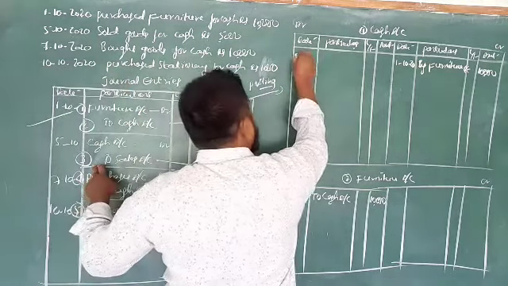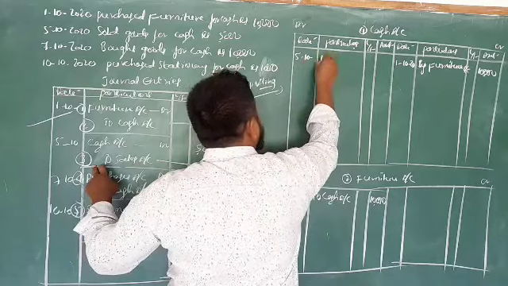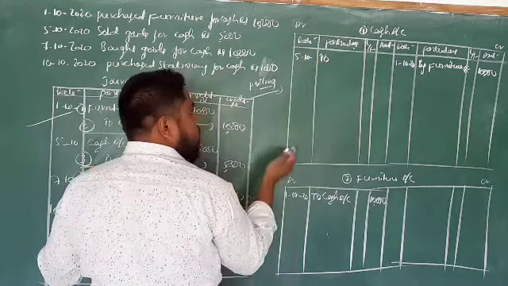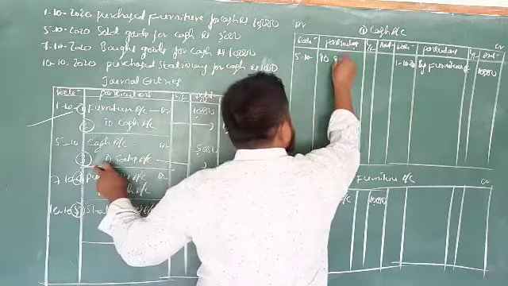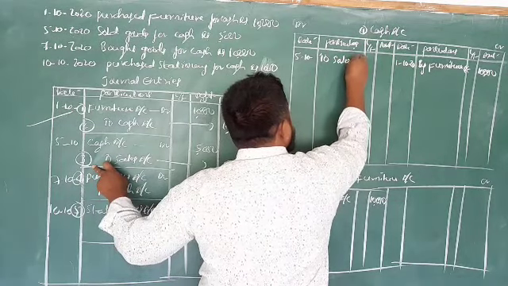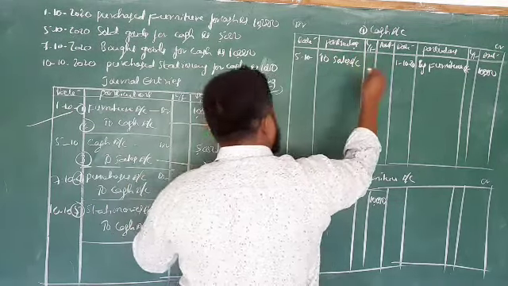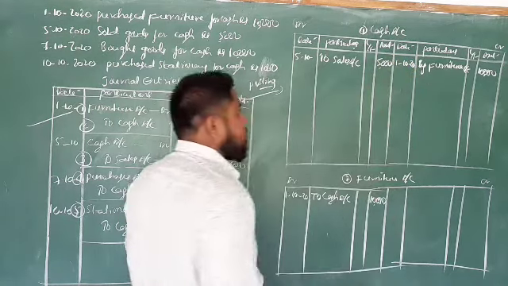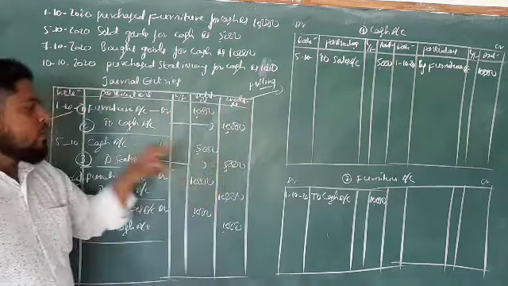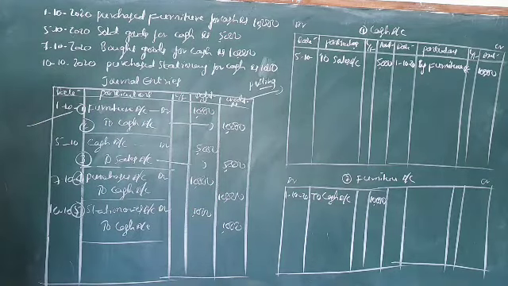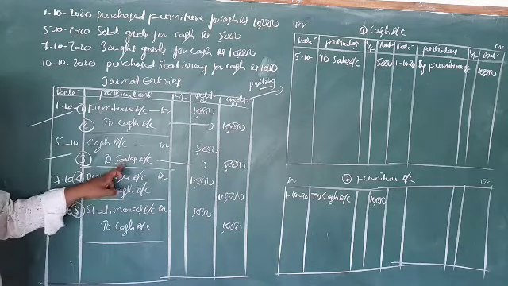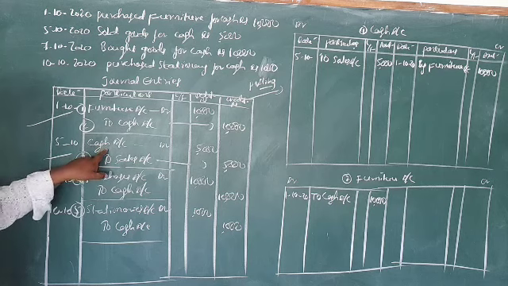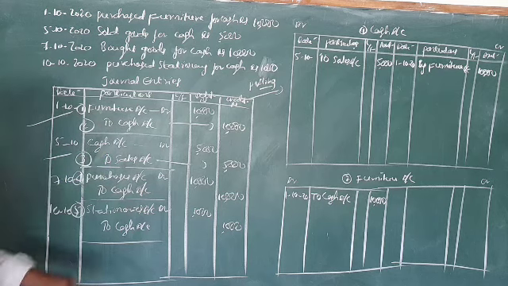The date is 5/10/2020. On the debit side we use the word to: to sales account, amount 5,000. In the sales account, we enter cash on the credit side.